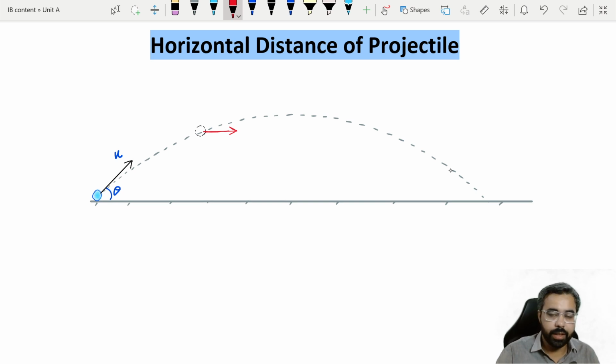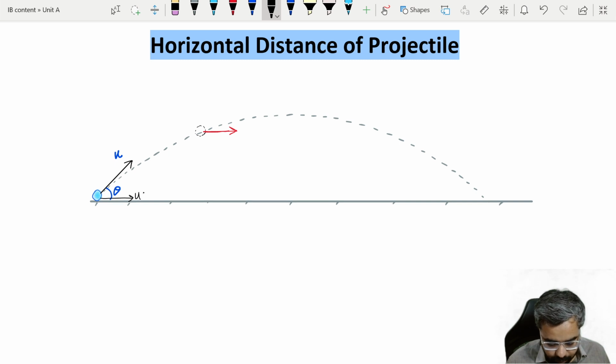Kinetic energy is not a vector quantity, but some of the energy takes it horizontally forward, and some takes the ball vertically upward. So we always use the vertical component of velocity to find the height, and the horizontal component of velocity to find the horizontal distance.